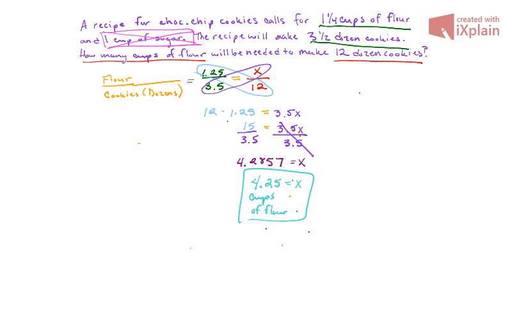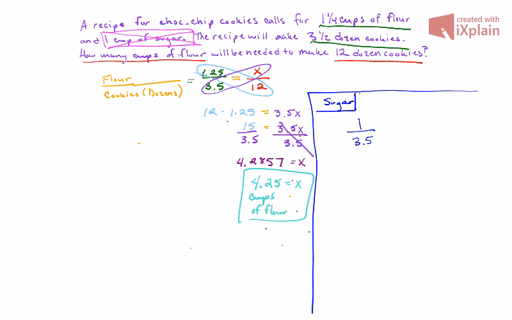If you're bothered by the fact that they give you that information for the sugar and you're not asked to do anything with it, why don't we go ahead and try to figure that one out? Well, I know that if I use 1 cup of sugar for the recipe, I will get that 3.5 dozen cookies. They had established that relationship in that first sentence.